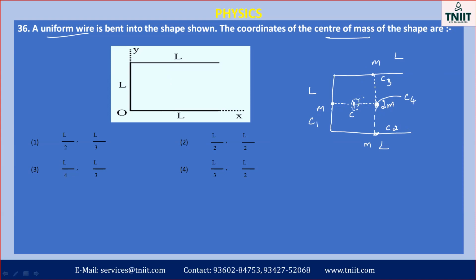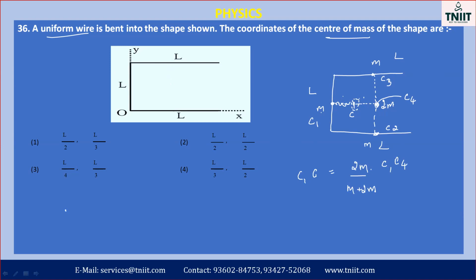Now, can you find the center of mass between C1 and C first? You know the formula? You have to take this mass into this distance, that is C1C4 total, divided by the total mass, m plus 2m.